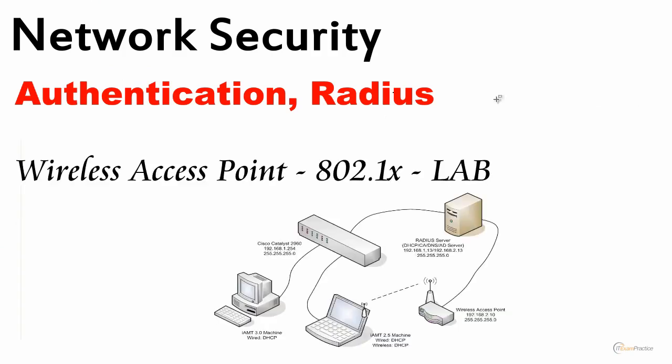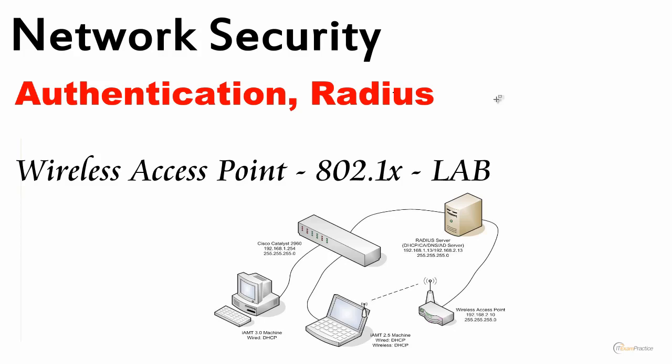Okay, it's time to summarize. In this video I showed you RADIUS authentication, and that was a lab with a Cisco wireless access point. We were able to authenticate using an Active Directory account. Again, I encourage you to play with it.